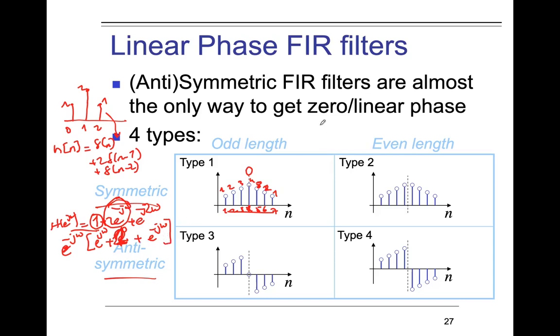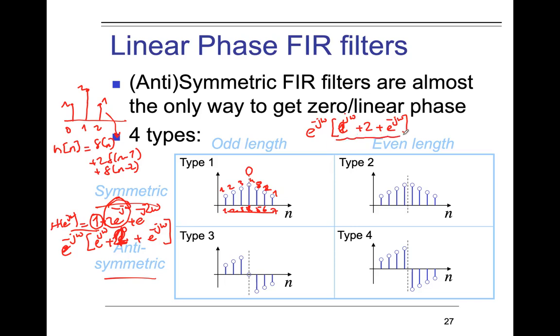Let me write it again clearly: e to the power minus j omega times e to the power j omega plus 2 plus e to the power minus j omega.